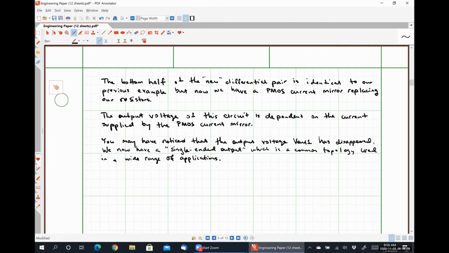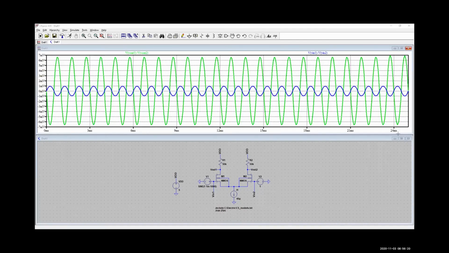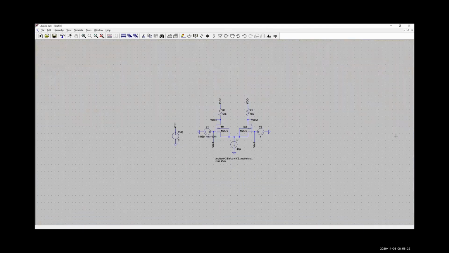So let's pop into LTspice here. I'll get rid of those resistors.